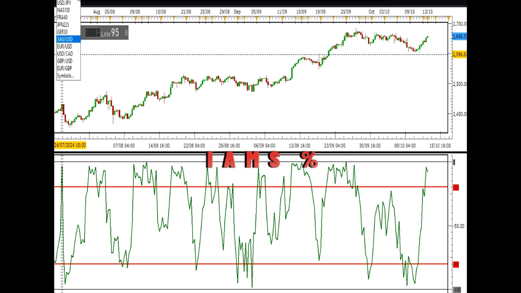The name of this indicator is the Williams %R. You can get that indicator with any broker. My broker is FXCM. I've been using them for years. I've tried using MetaTrader 4 and MetaTrader 5. I find that when I use those platforms, there's a lot of, I don't know what to call it.